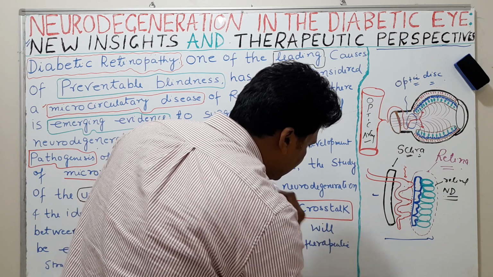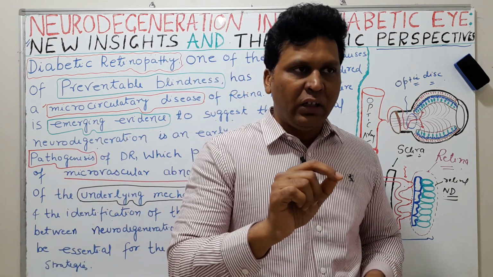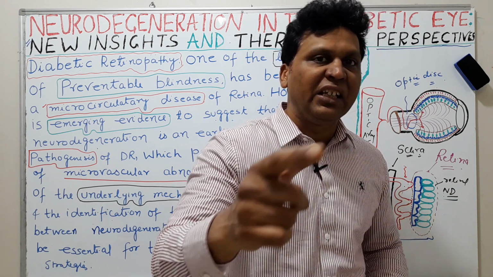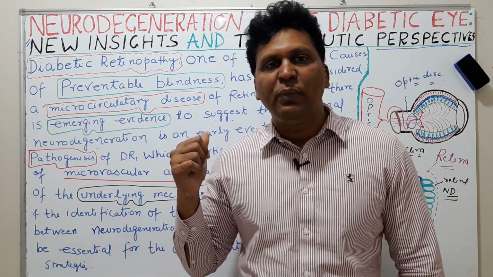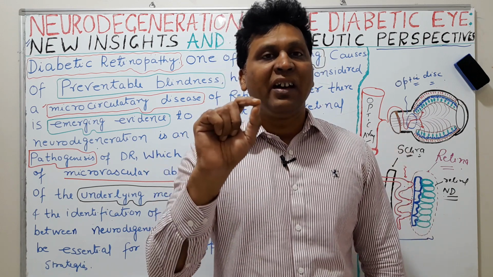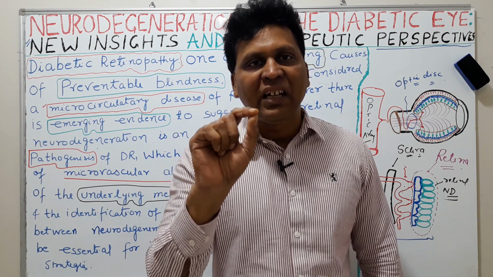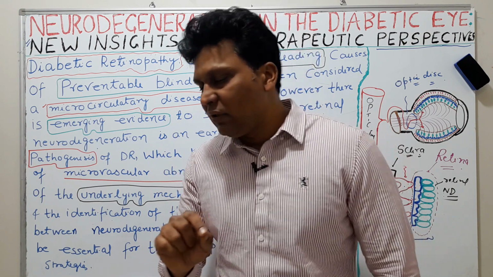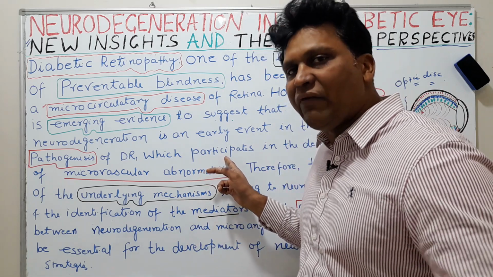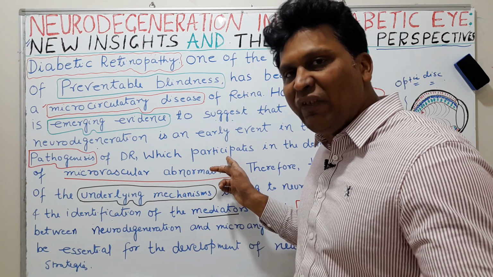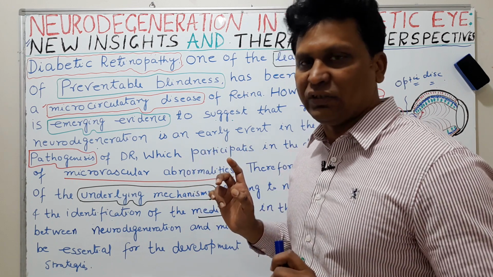Crosstalk means that one component affects another component. How? Because here there is a crosstalk. If there is damage to the nerve in the retina, that damage causes a secondary problem, affecting another component, the vascular system, that is microangiopathy, a problem in the blood vascular system.